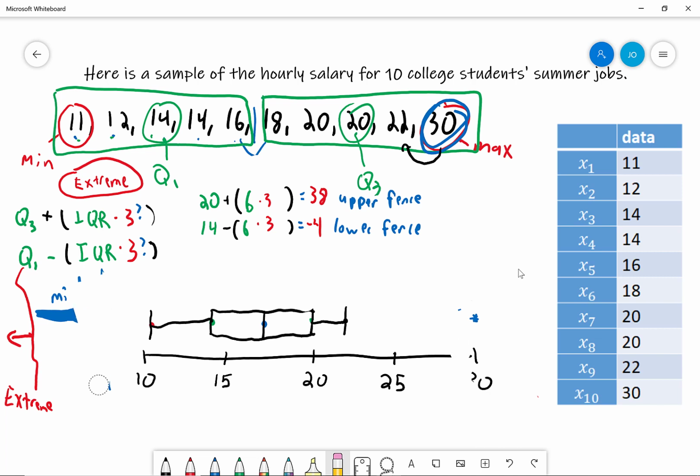This is what your box plot would look like. Hopefully you have a better understanding of how we use box plots, how we use them to construct outliers and things like that. But they're a really nice, effective tool to visualize data a different way and to detect extreme observations.